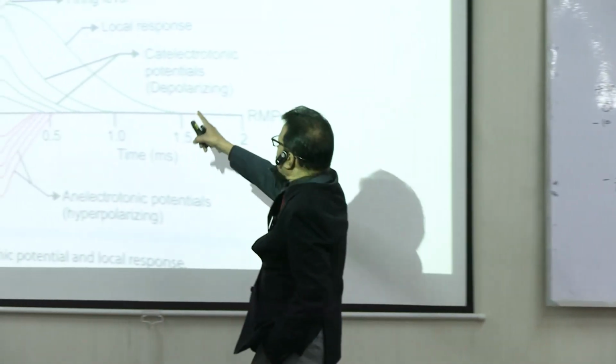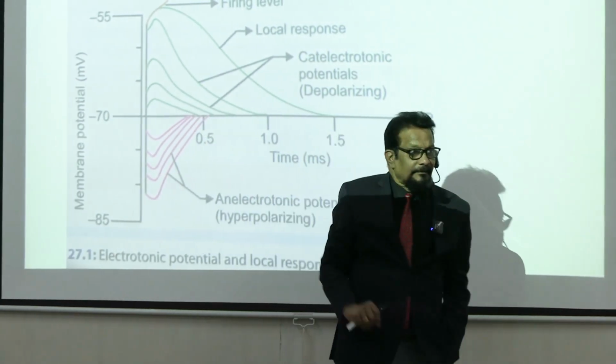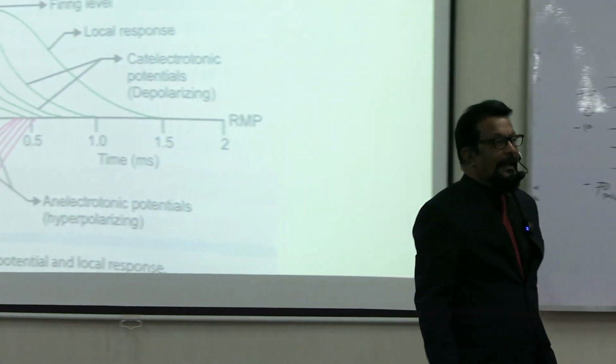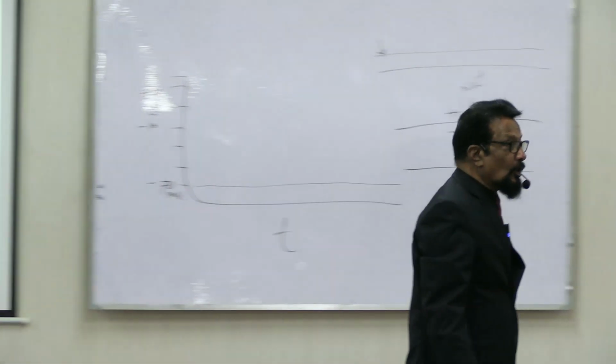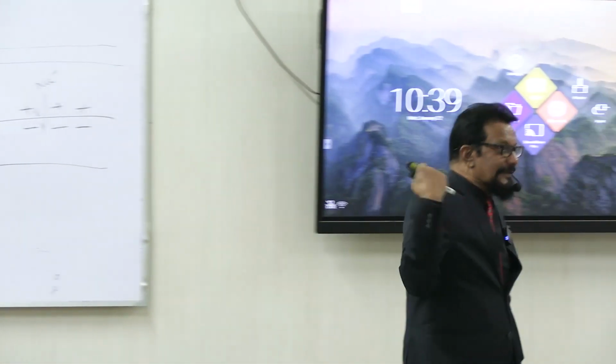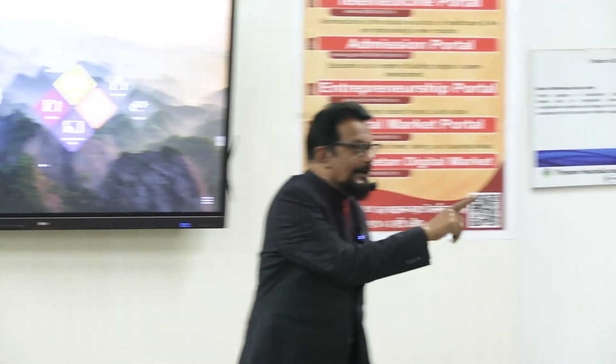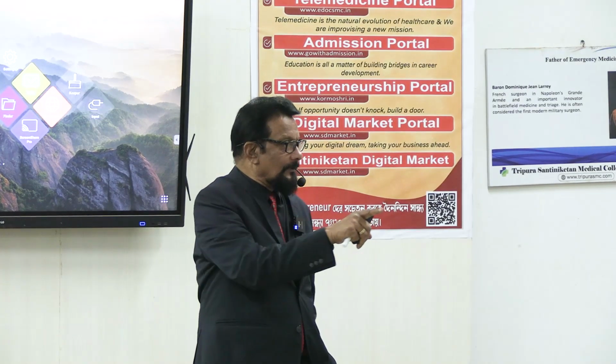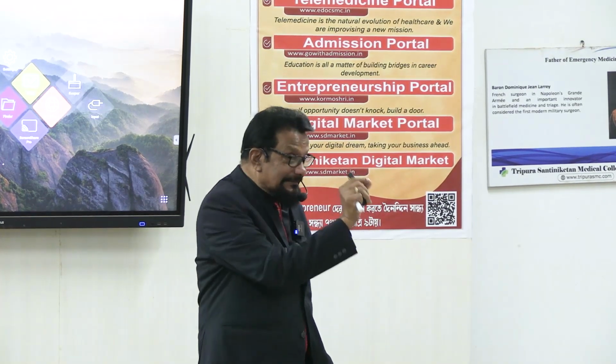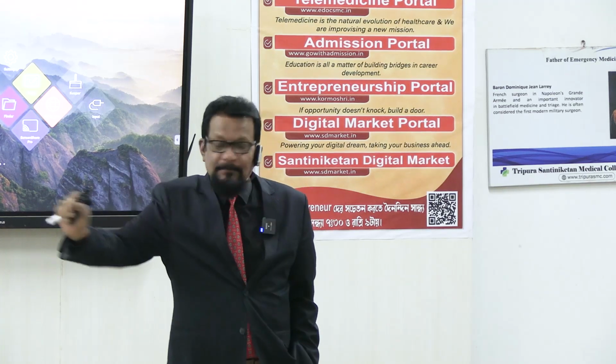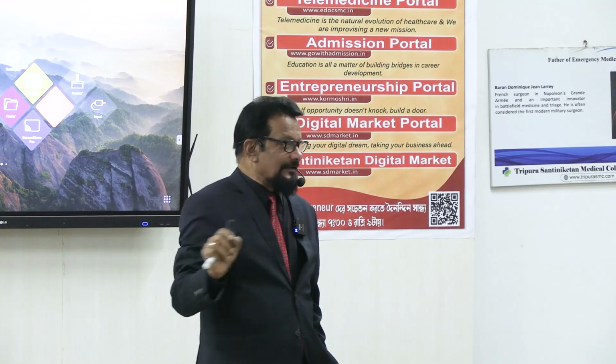Now see, these are also potentials, but they are graded potentials, not action potentials. Their nature is that they are unable to propagate across the membrane, across the nerve fiber.